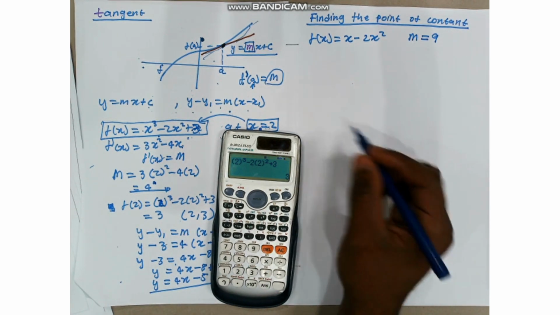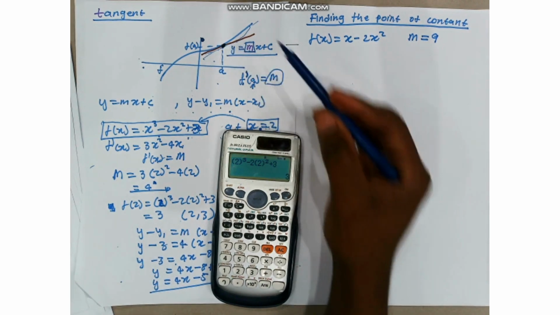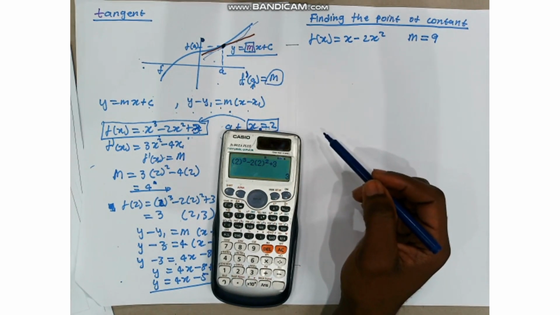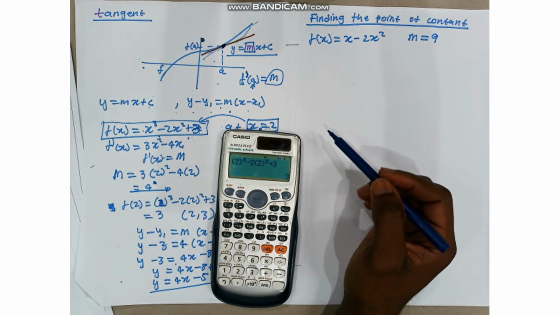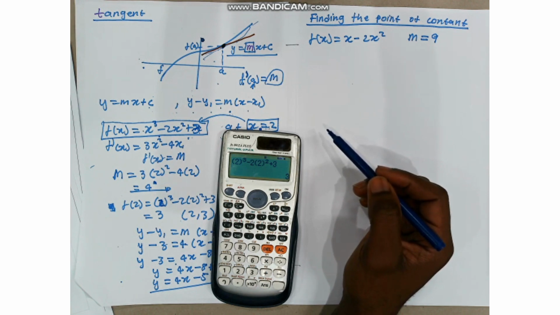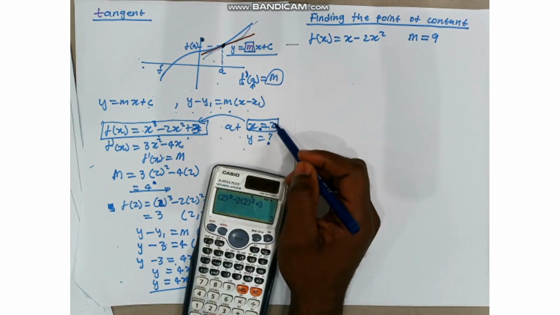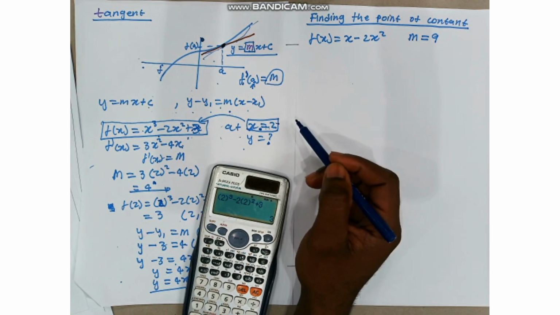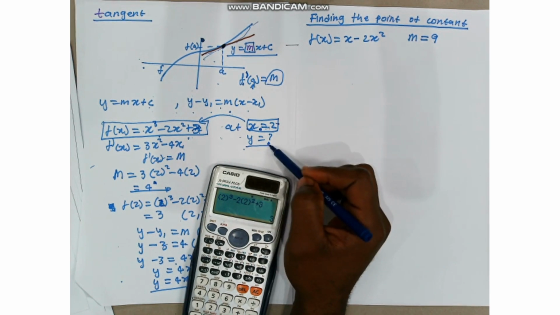They are saying find the point of contact. They are not saying find the equation of a tangent. That can be a follow-up question, but before finding that equation of a tangent, they're saying find the point of contact. Now this x you are not given, you need to find it and also find the y.